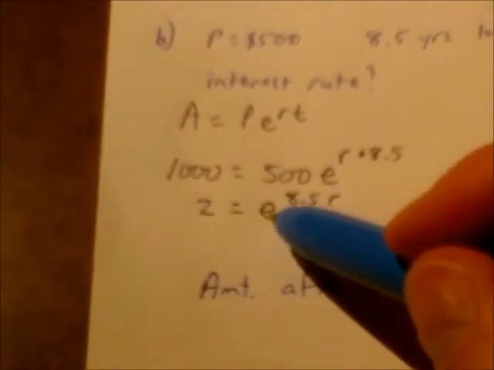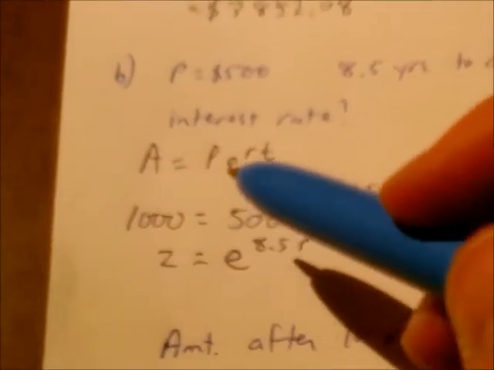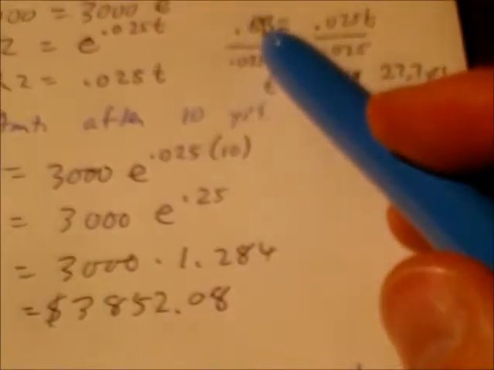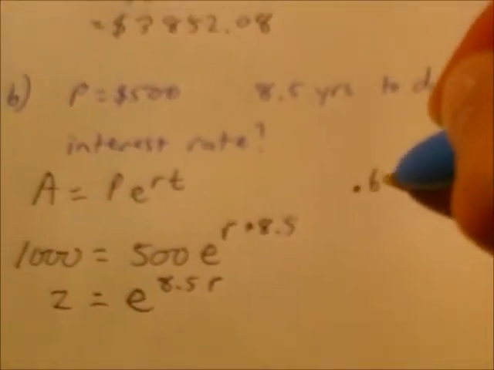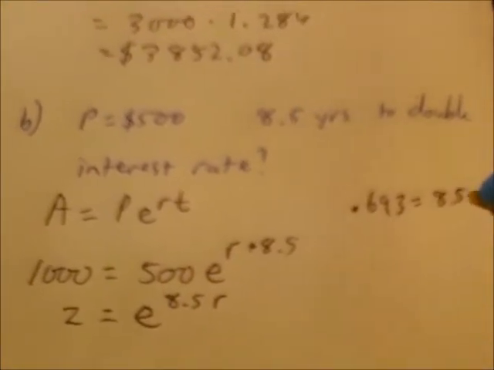In order to get rid of the e, we need to natural log both sides so we can bring the 8.5r down. So the natural log of 2, which we already looked up, is 0.693. So I'm going to do that over here. We end up with 0.693 equals 8.5r, because we got rid of the e there.